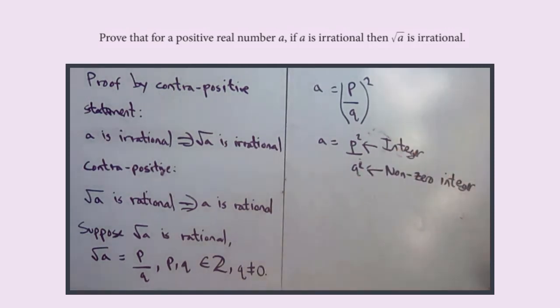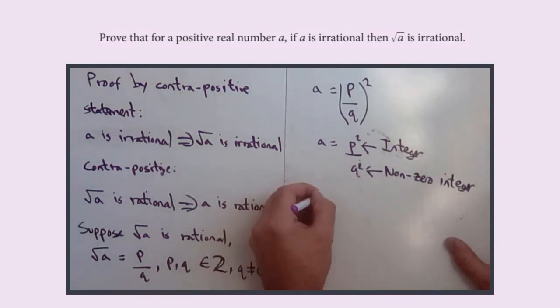And we know that because we've already defined p as an integer and q as an integer that's not 0. So once you square them, those properties are still true. So a must be rational.